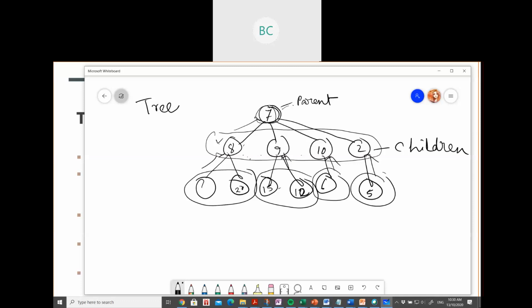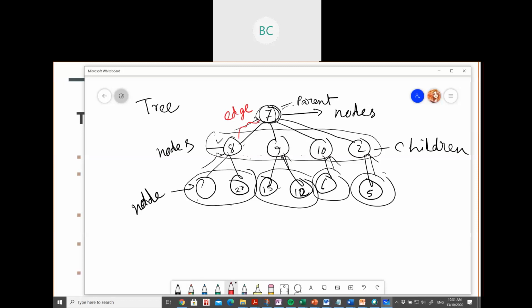Now see, these leaves do not have any children. These are nodes, these are also nodes, and these are also nodes. The connection from one node to another node is known as your edge.